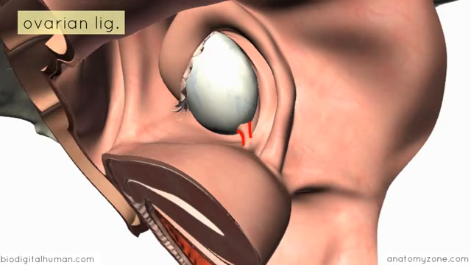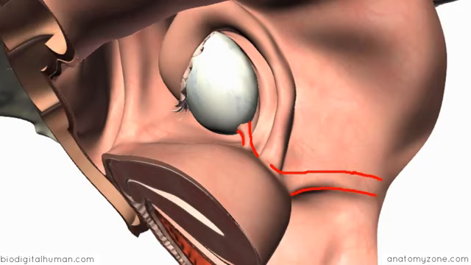And upon attachment to the uterus, this ligament actually continues round anteriorly and laterally as the round ligament which I just showed you. So I've just outlined this in red. So now you should have a good idea of the organisation of the ligaments which are involved in the reproductive system.